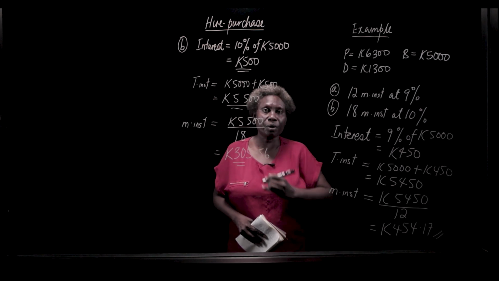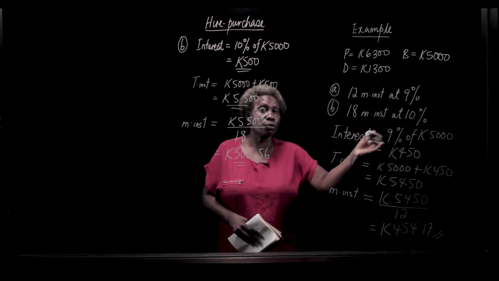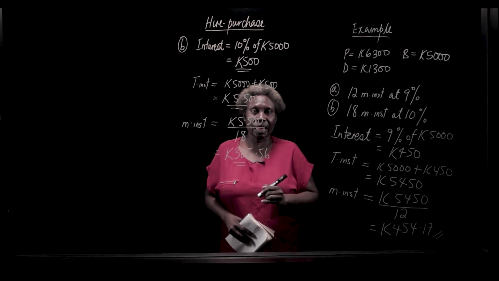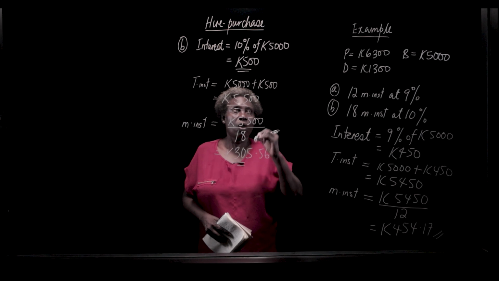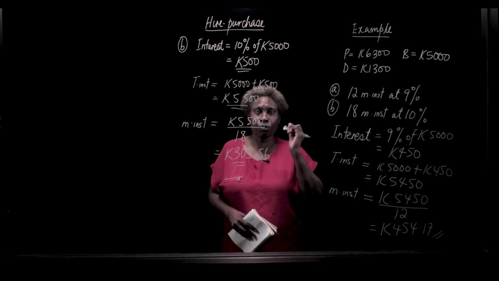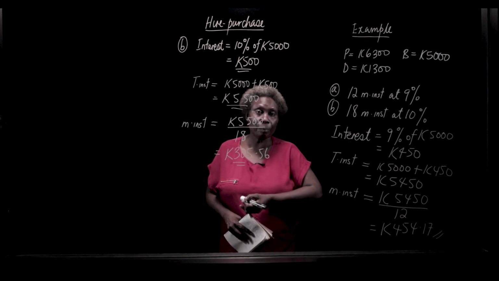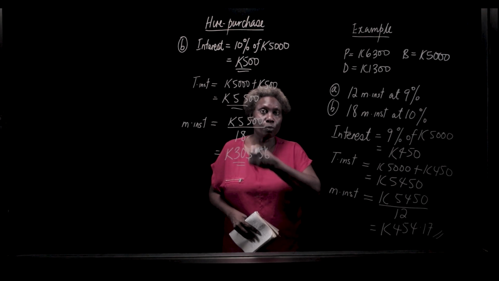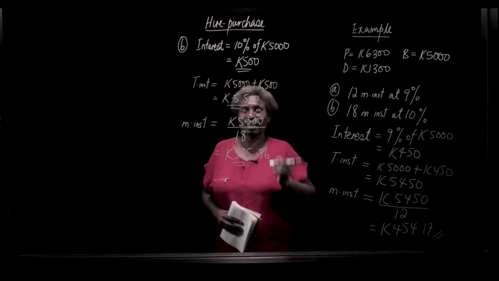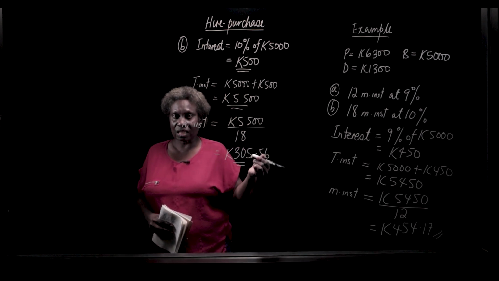So we have 500 kina interest and 450 kina interest for 12 months. To conclude, for hire purchase, if you are making payment for a longer period of time, you pay more interest and the company benefits more from longer periods than shorter periods. Okay, that is on paying when the percentage is given.